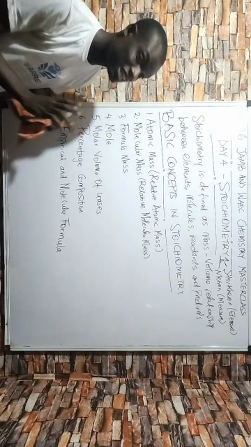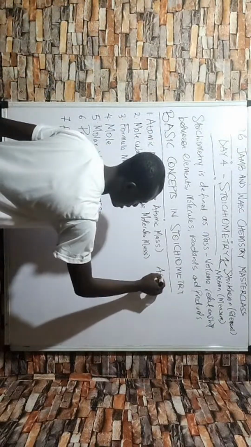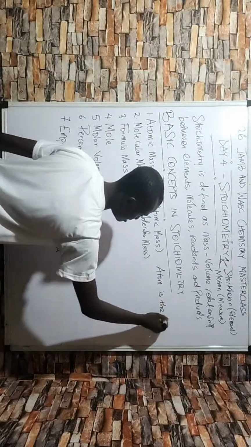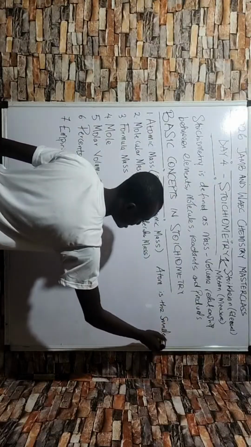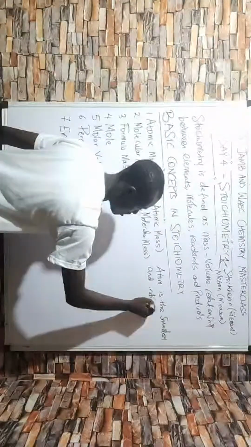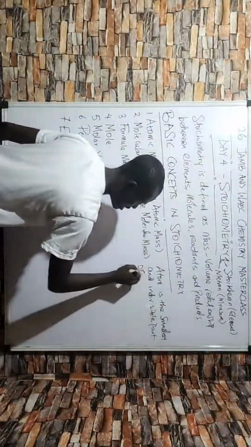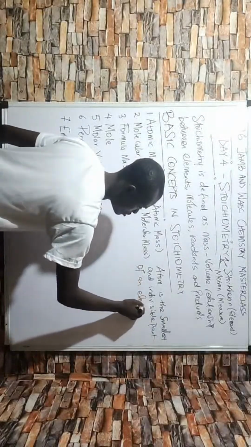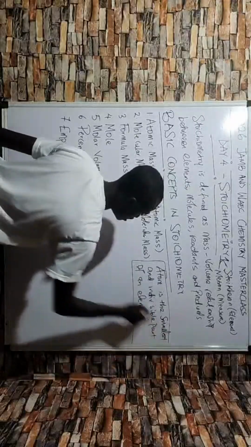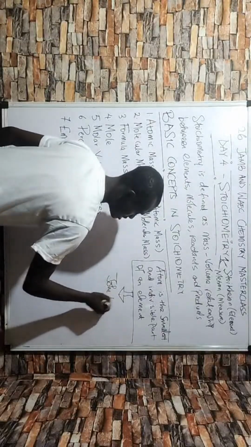But the old definition says that an atom is the smallest and indivisible part of an element. So this was the old time definition for an atom as given by John Dalton.